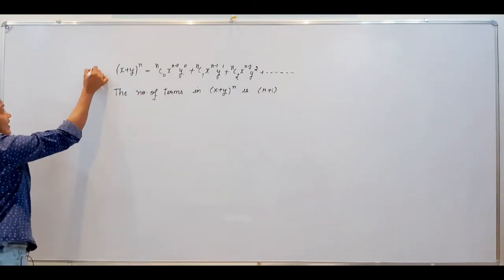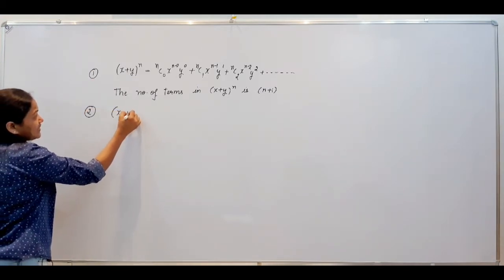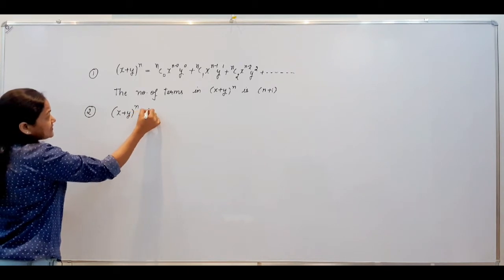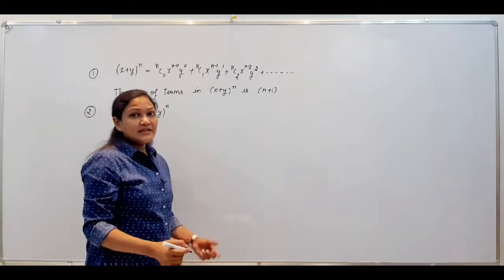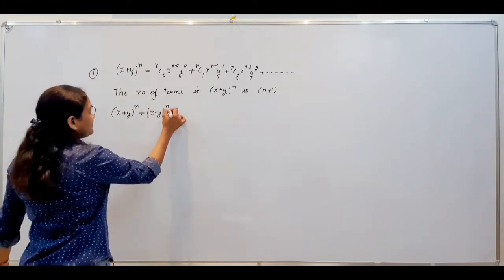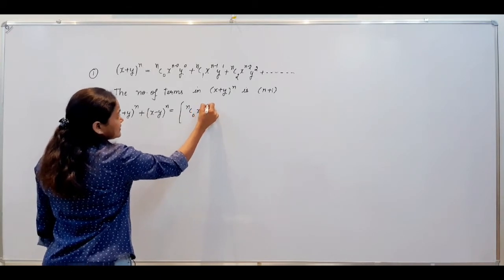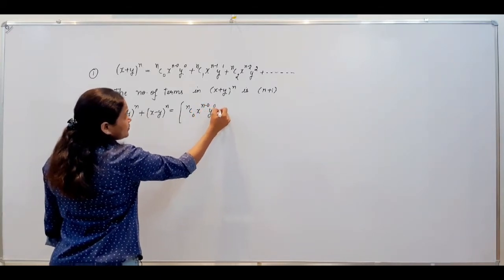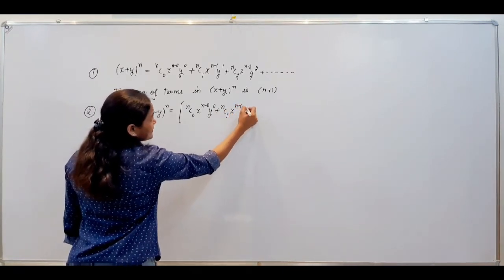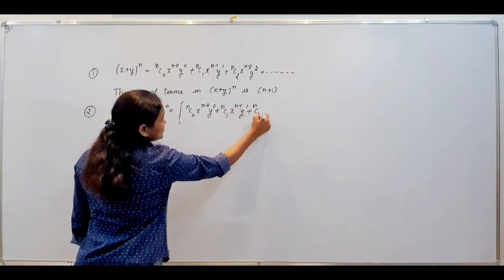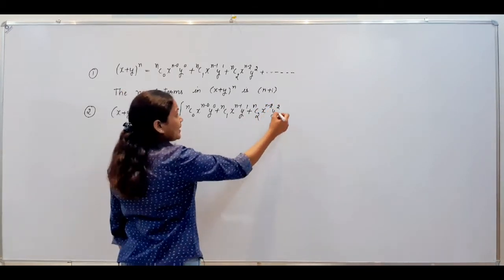Similarly, let us try to find out the expansion for x plus y raised to power n plus x minus y raised to power n, and the expansion for this will be nC0 x raised to power n minus 0 y raised to power 0 plus nC1 x raised to power n minus 1 y raised to power 1 plus nC2 x raised to power n minus 2 y raised to power 2 and so on.